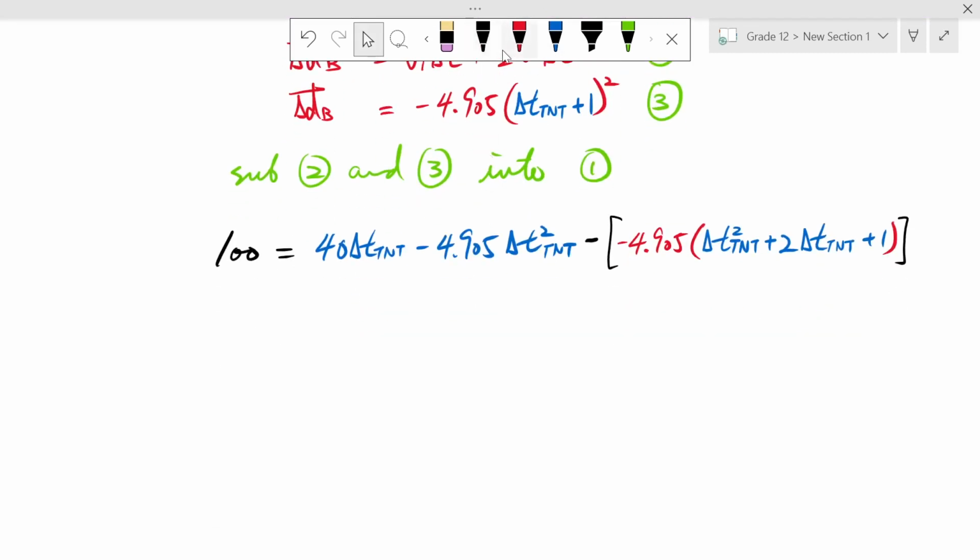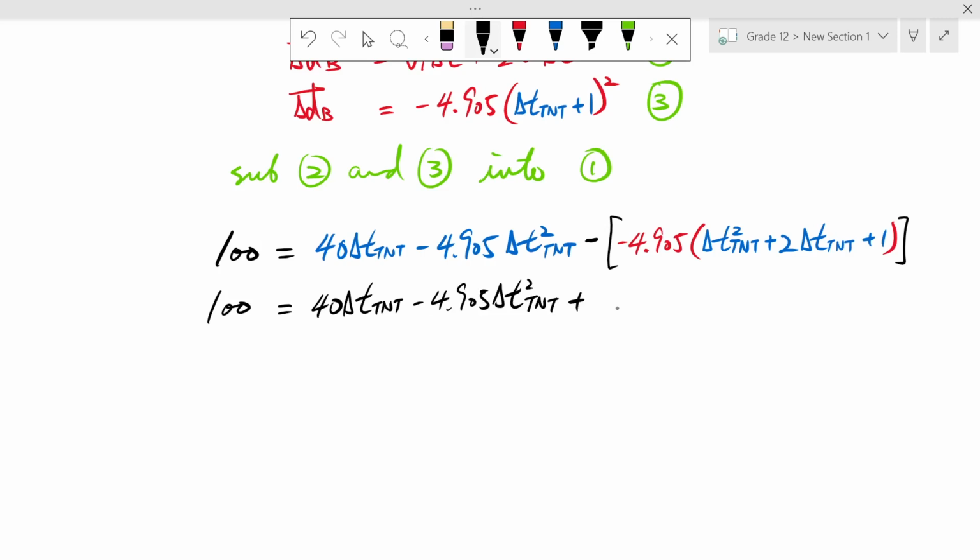Bracket back with red, then black. Okay. Now I will just write everything in black just to simplify my life and spare you some time. This would equal 40 delta t TNT minus 4.905 delta t squared TNT.